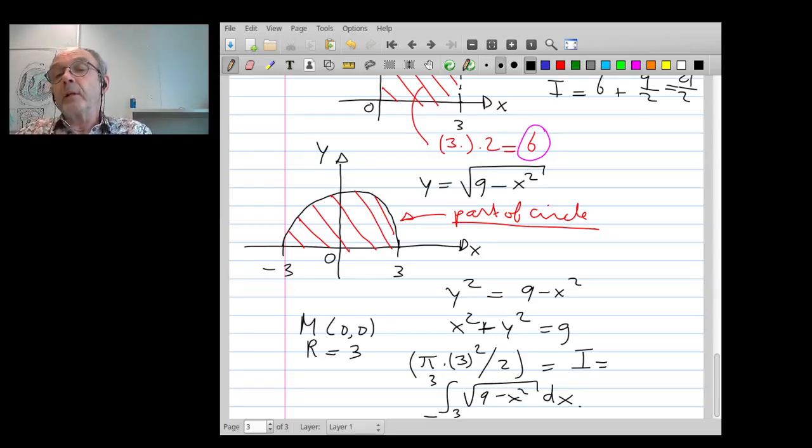So the area of half of a circle: pi r squared is the area of a whole circle. Here you have a half circle, so you divide the area by 2. And in this way you can calculate a lot of integrals. Look at how the functions behave, and maybe you can do something with it.